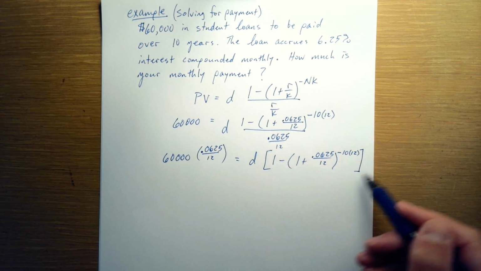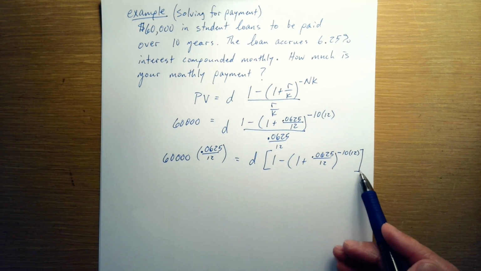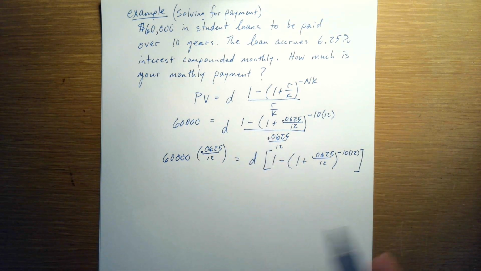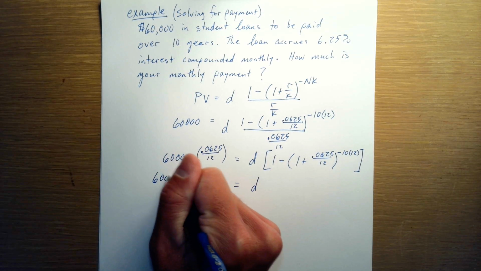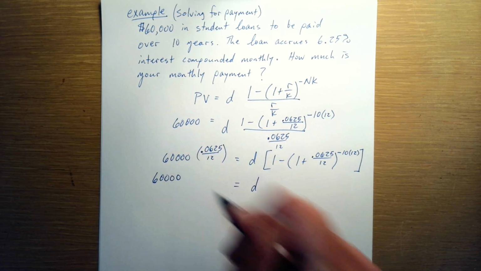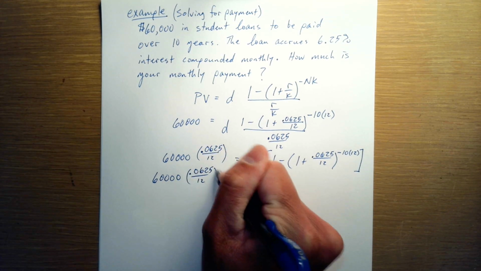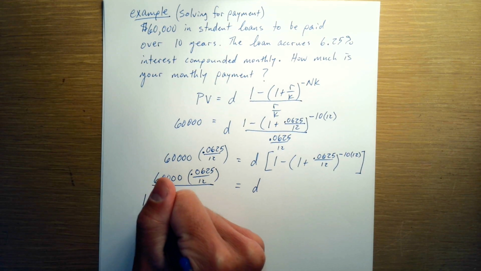So all this stuff in brackets, this is all one number basically multiplied to d. Therefore I can take this bracketed factor and divide it through to the other side. So I get d is 60,000, 0.0625 over 12, that stays, divided by this entire bracketed expression.